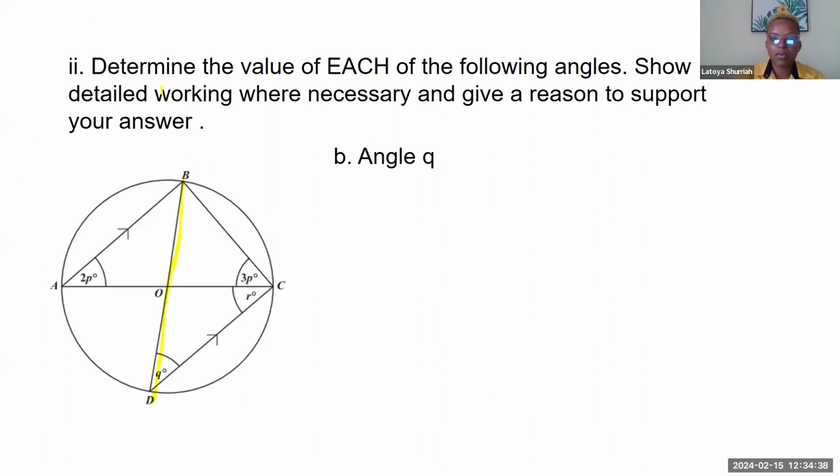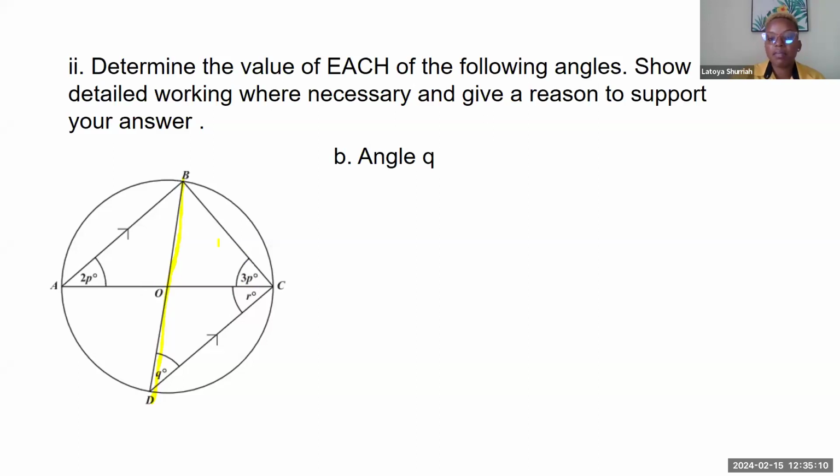DeAndre, do you agree or disagree that BD is my diameter? You disagree that BD is the diameter? Okay, so which one is the diameter? Is it BC or DC? AC is another diameter, yes, I agree to that.